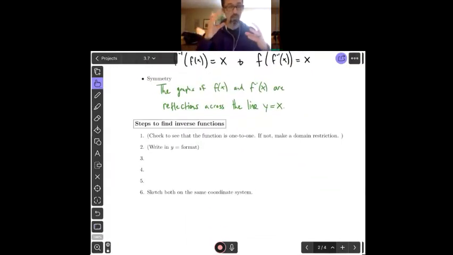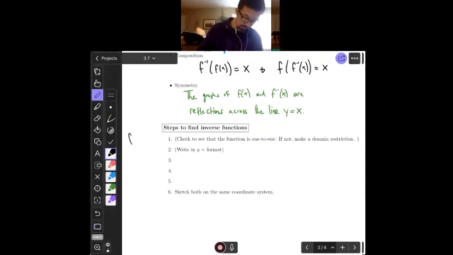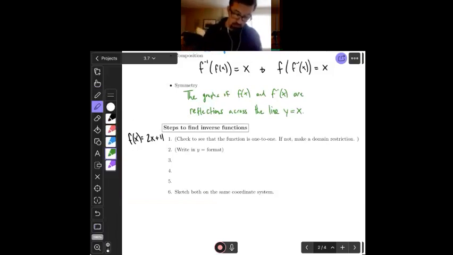So again, here's your function, okay? Here's your function, find its inverse. First thing you want to do is see if it has an inverse. Is it 1-to-1?